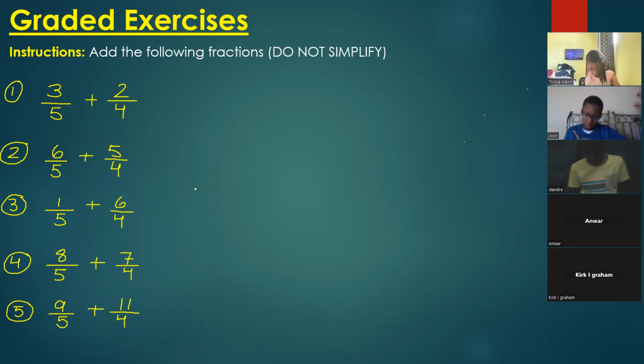How's your answer 5/20? When you multiply 3 times 4, that's 12. When you multiply 2 times 5, that's 10. It's impossible for you to get 5/20. You have to multiply the top and the bottom, not just the bottom.